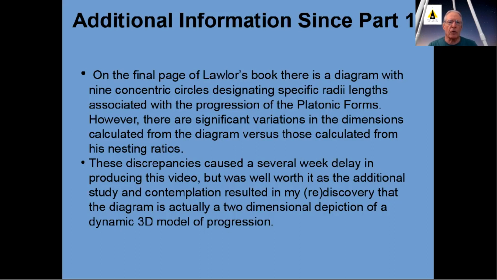However, when I actually did the numbers and did the math on this, it didn't match up with the calculations that I got from the model that he had suggested for the nested Platonic solids. So those discrepancies really had me stumped for a little while.